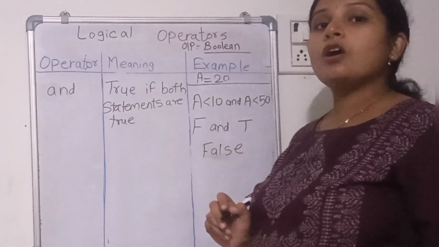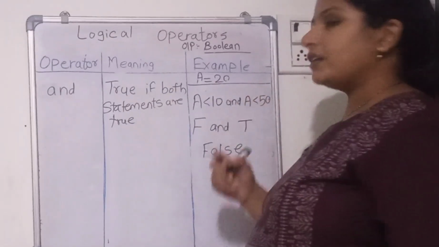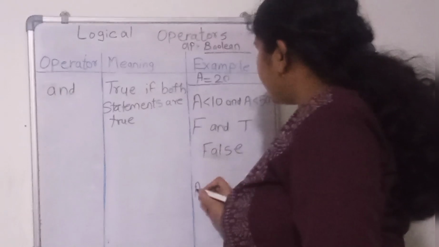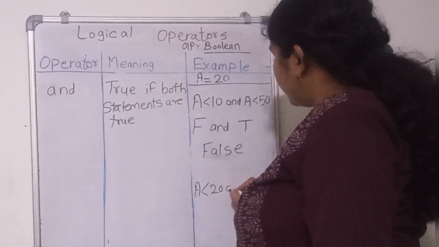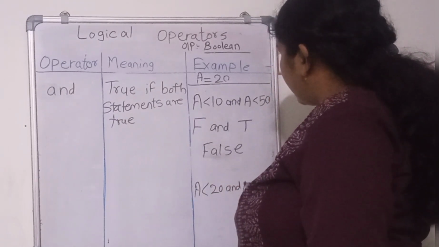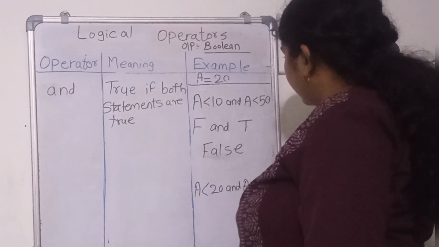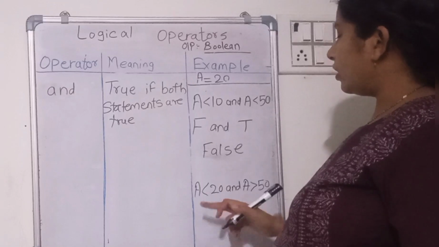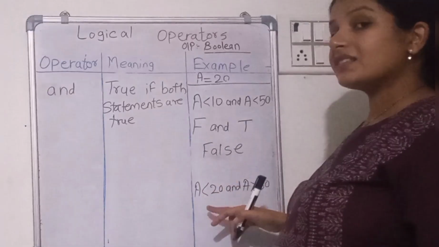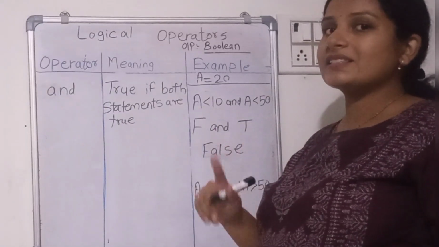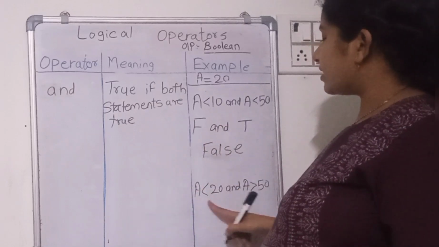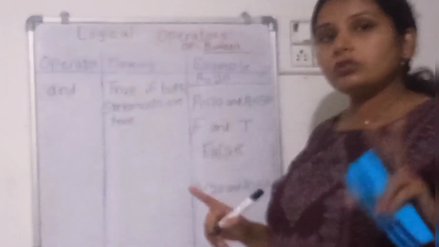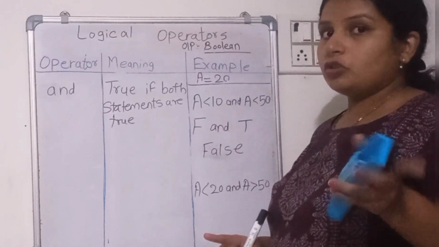Our output is false. And suppose both conditions are false. Suppose a is less than 20 and a is greater than 50. Okay, here a is less than 20. I am using less than, not less than or equal to. A is equal to 20, so those both values are equal, not less than.